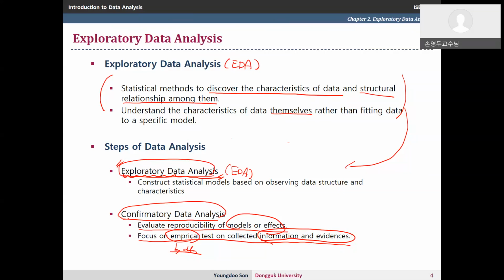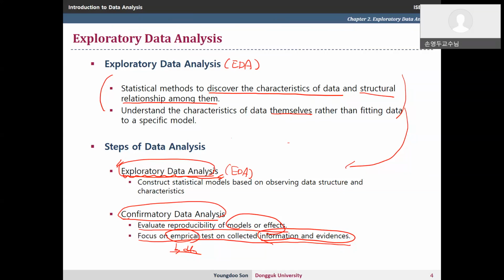The opposite word of this EDA is confirmatory data analysis. This confirmatory data analysis evaluates the reproducibility of models or effects. In other words, they test whether this model or this effect or these coefficients are statistically significant or not.